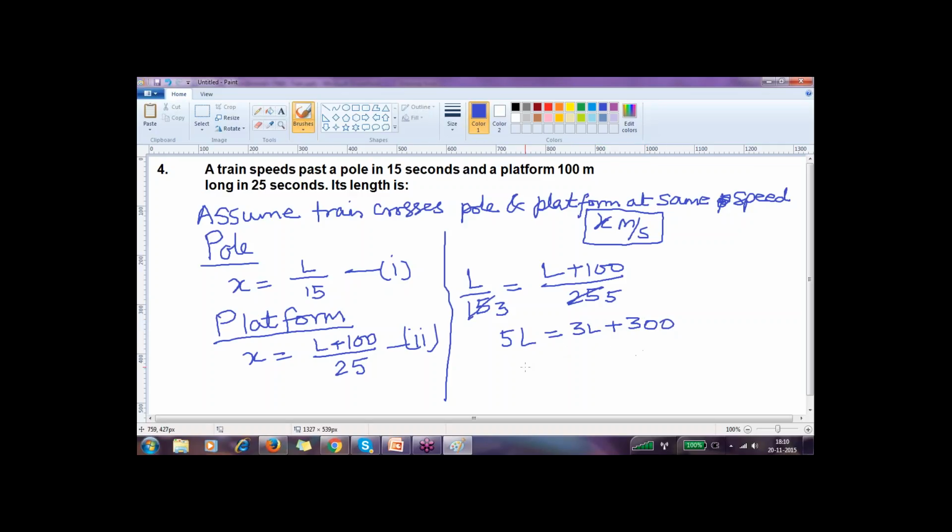Okay, so if you bring this on the right hand side, it will become 2L is equal to 300. So L is equal to 150 meters. What is L? L is the length of the train. So length of the train is equal to 150 meters.